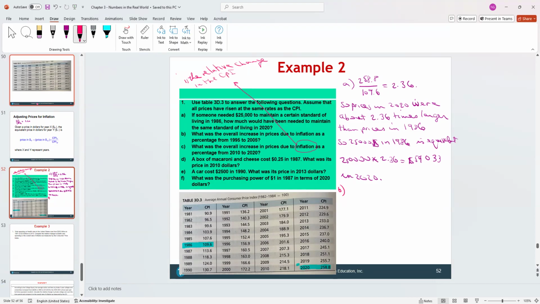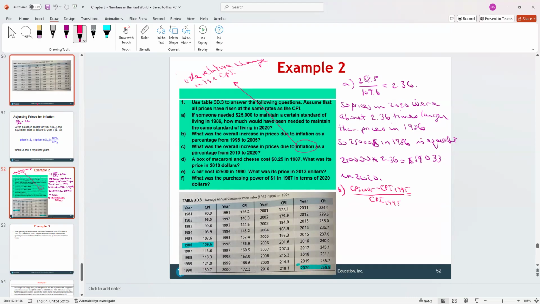Okay. So this is what we do. Remember, we need to subtract the CPI. For us, we do the CPI of 2005 minus the CPI of the previous year, which is 1995. Remember, if we do things relative, it is always in percentages, so we're gonna do it also over the CPI of 1995.